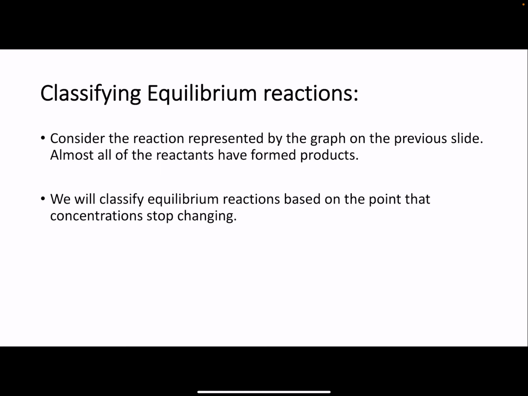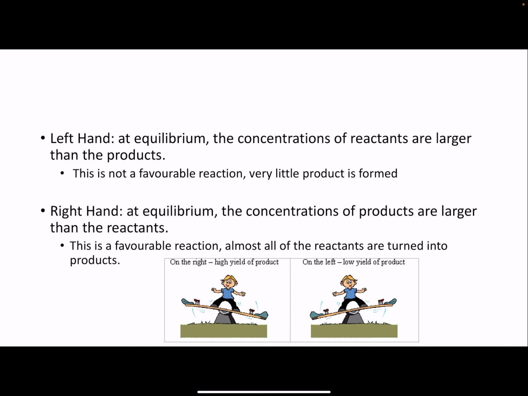So we'll classify the equilibrium reactions in a couple of different ways. We'll call this A and B. In a left-hand equilibrium reaction, the concentration of the reactants is larger than the products. That means it's not favorable and very little product is formed. So if we were to compare that, for example, 75% are the reactants, and only 25% are the products.